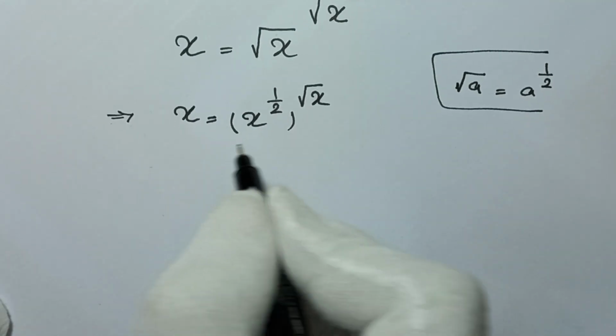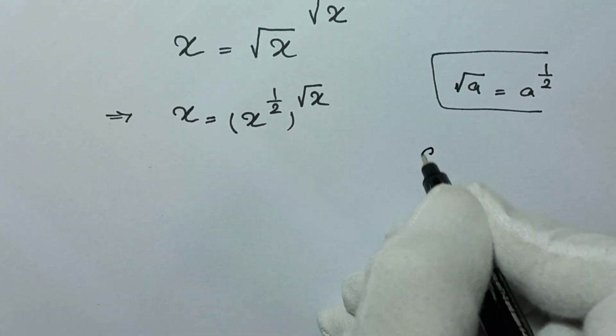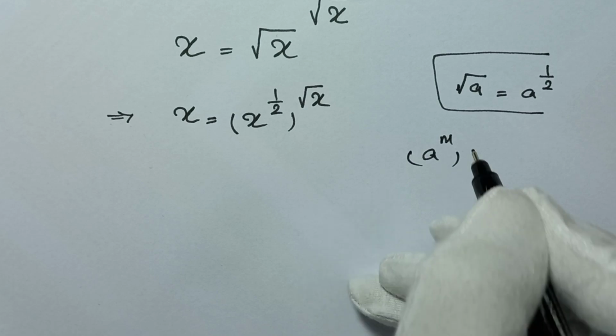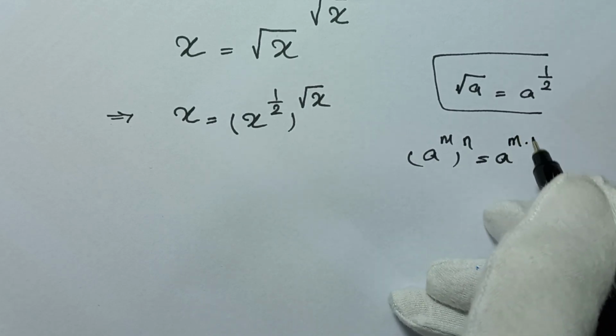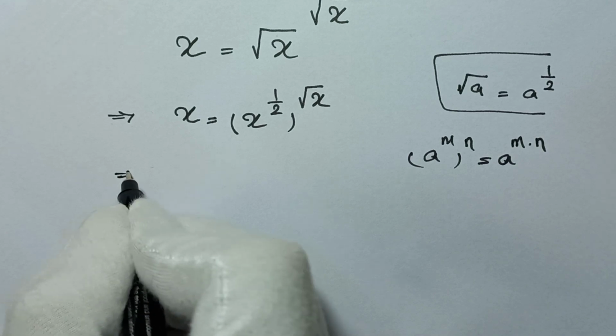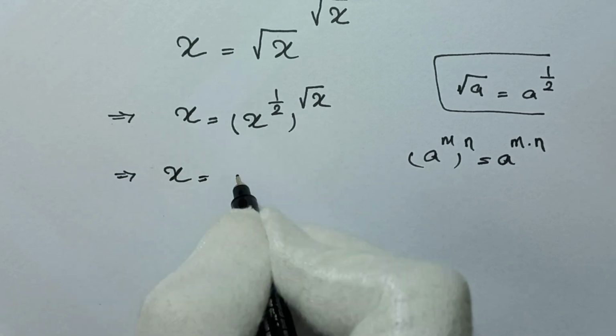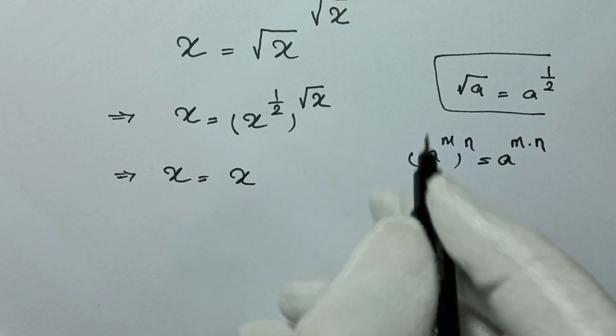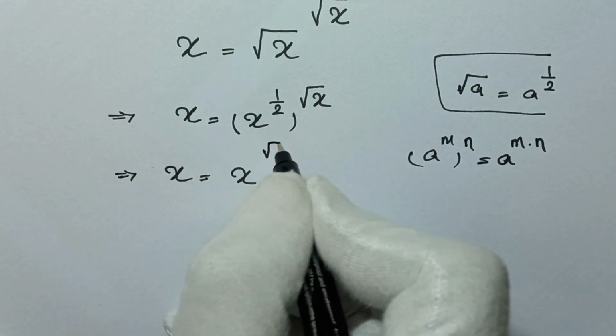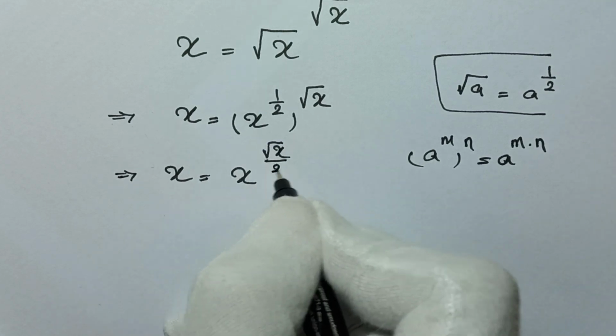In the next step, from the exponential rule, if we have a to the power of m to the power of n, this equals a to the power of m times n. So here it will be x equals x to the power of 1 over 2 times square root of x, and it will be square root of x over 2, right?